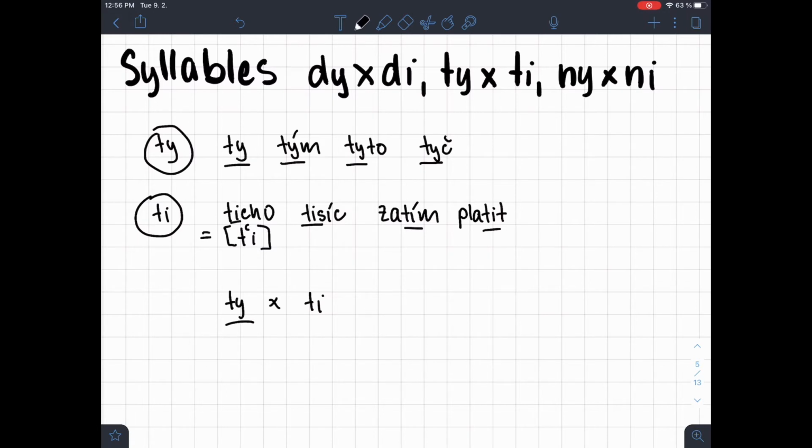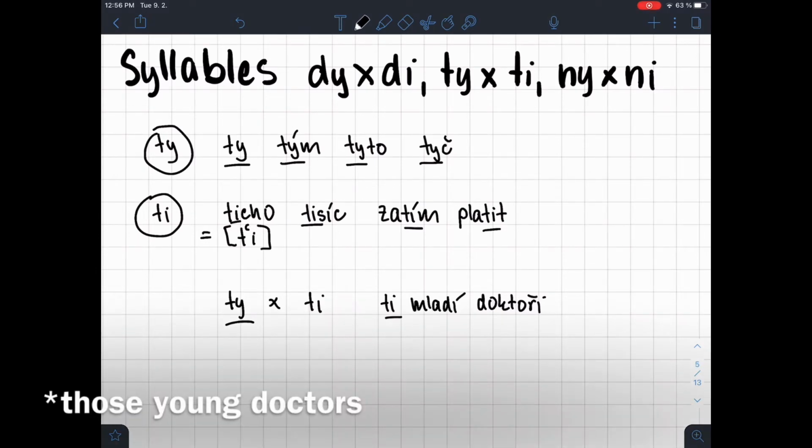And ti is like that, and that referring to a masculine animate noun. So, for example, ti mladí doktoři. These young doctors.